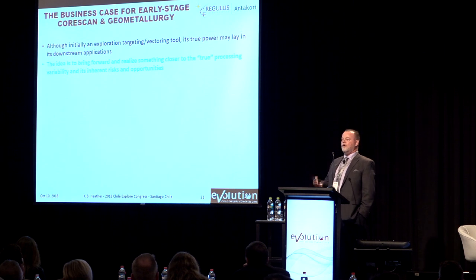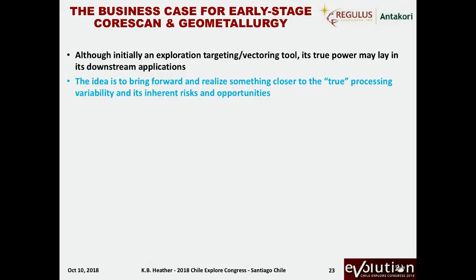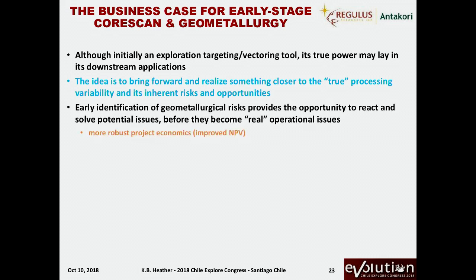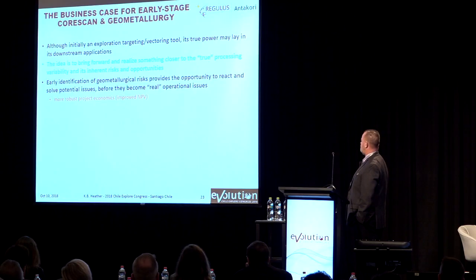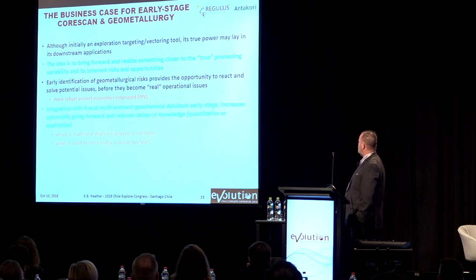So basically, what are the potential fatal flaws that we might face with this project, and know those sooner than later? Early identification of those risks really, I think, has a big impact, not only for us, but also for potential buyers, and produces much more robust project economics.